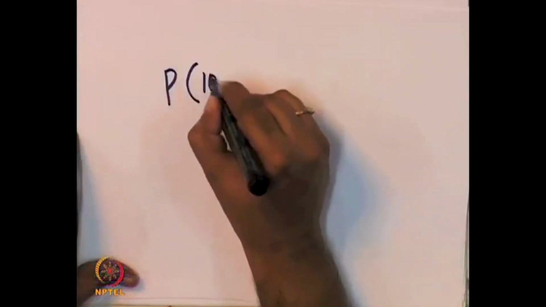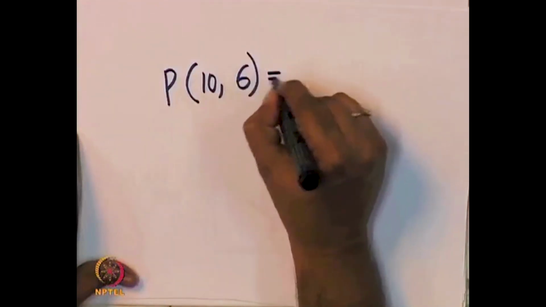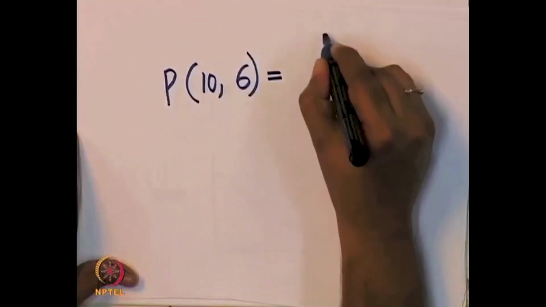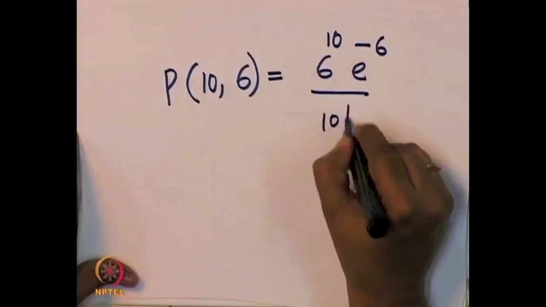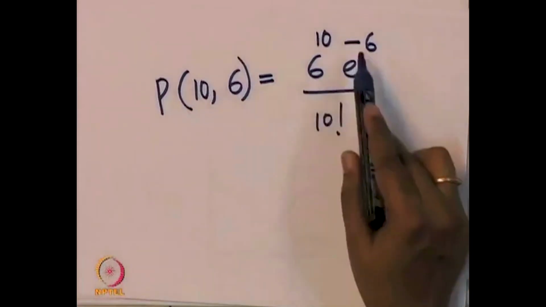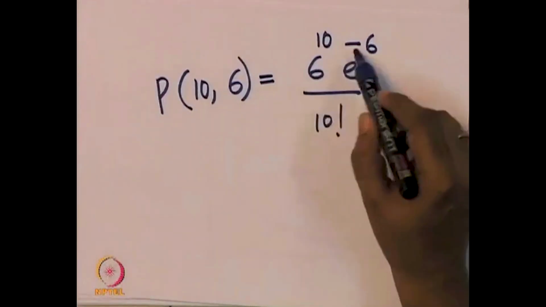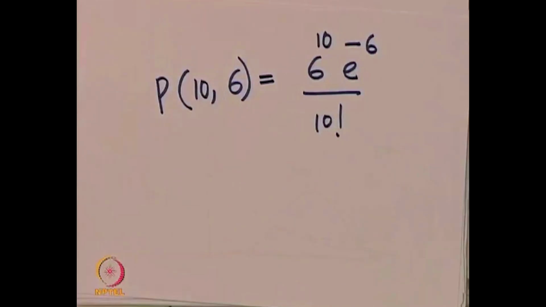This is again described by the Poisson distribution. So, what do we want? We want the probability to get 10 mangoes when the average is 6. This is again the same formula we described some time ago. The answer is 6^10 e^(-6) / 10!. So, that is the probability.